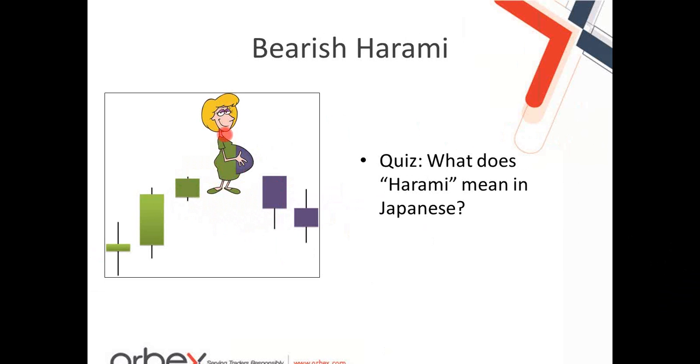The first candle that is long is bullish, and then the next one is a small bearish one that is continued by a next bearish candle, signaling that the market trend has changed. Just like a bullish Harami, a bearish Harami is not that strong of an indication, but still you can use it when you mix and match with other reversal patterns. Okay?